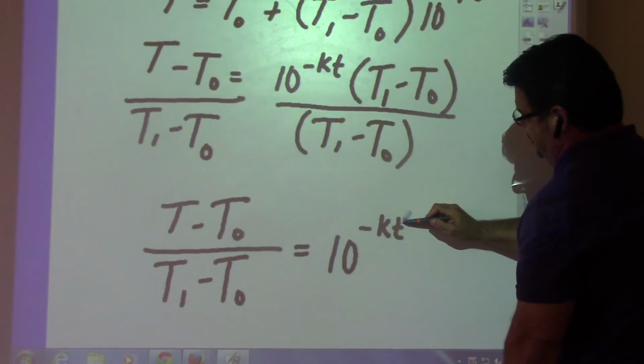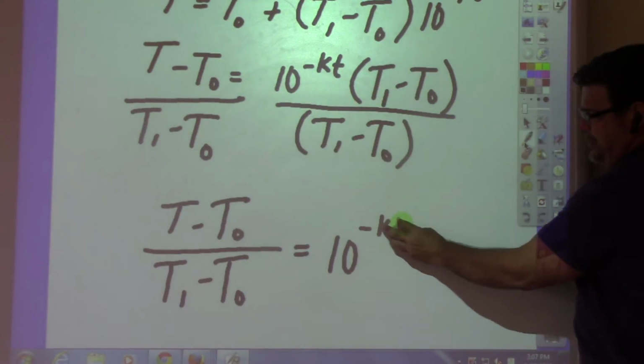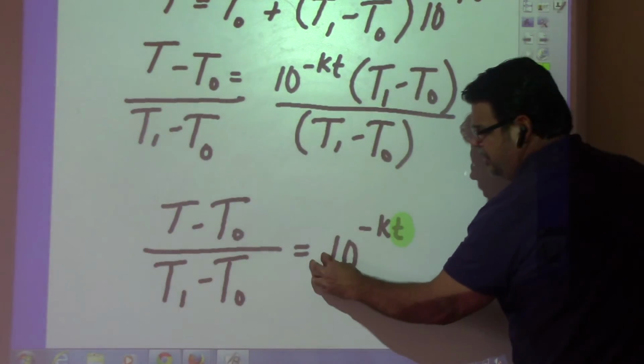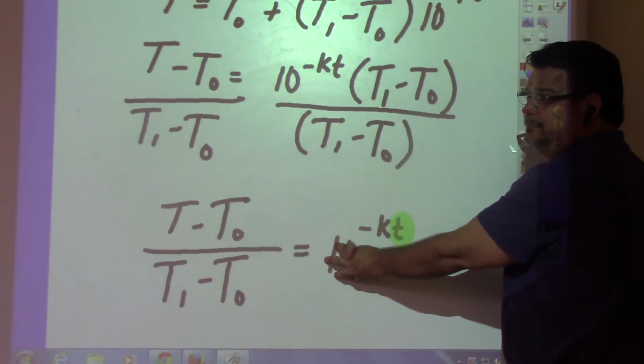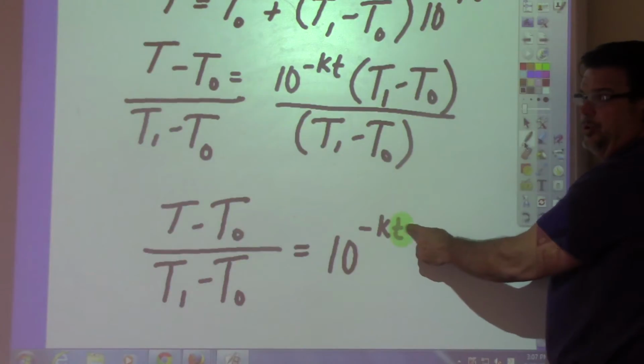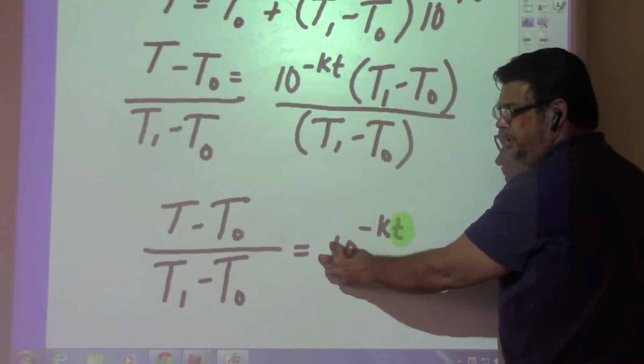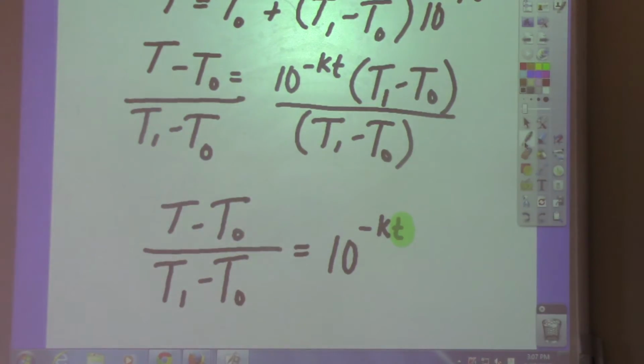And when you have a variable that you're solving for in the exponent, you have to bring it back down here. Why? Because you can't solve for a variable when it's up here. You have to bring it down to the first floor. And the only way to do that is by taking the natural log or LOG.